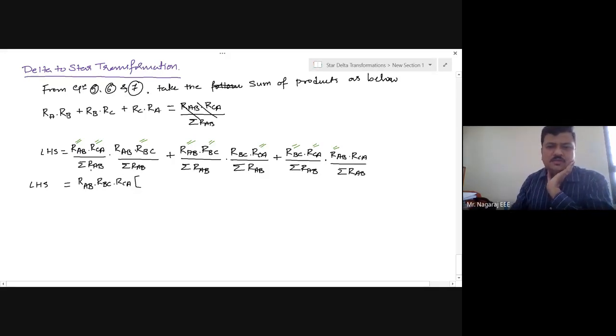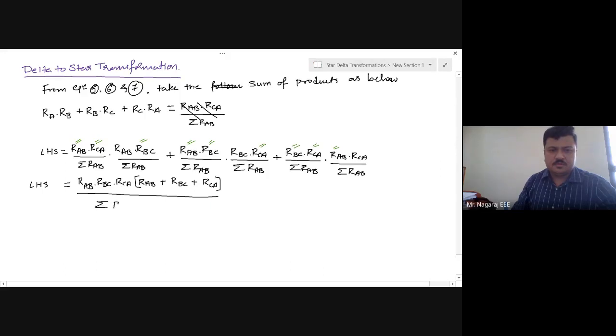In the denominator it is summation RAB into summation RAB, the LCM for all 3 terms. So in the first term RAB remains, plus in the second term RBC remains, plus in the third term RCA remains, divided by summation RAB into summation RAB. This equals RAB, and so on.